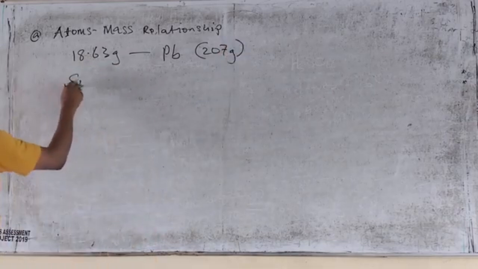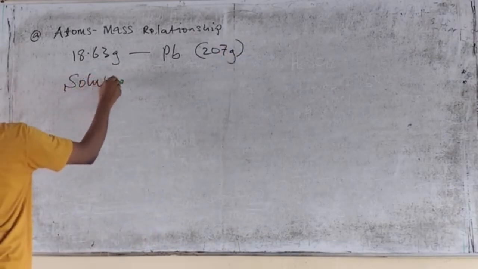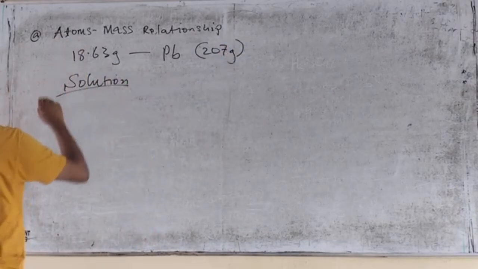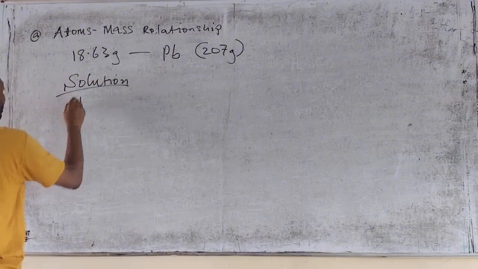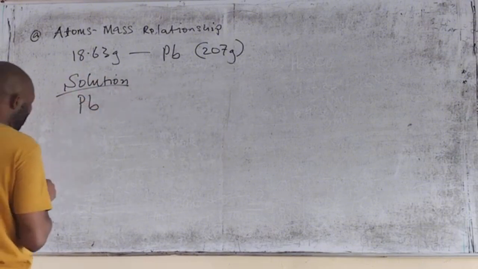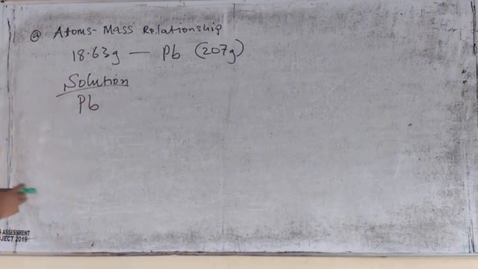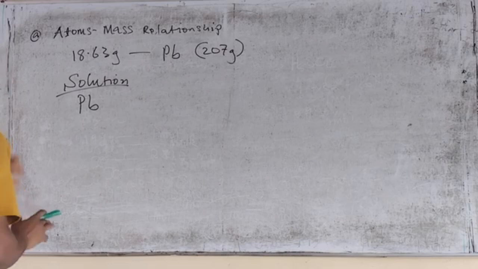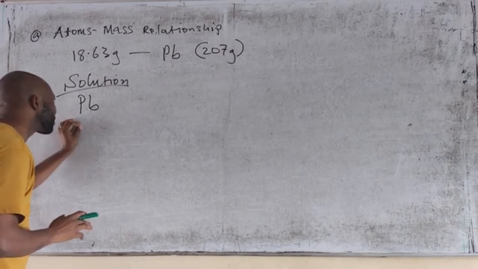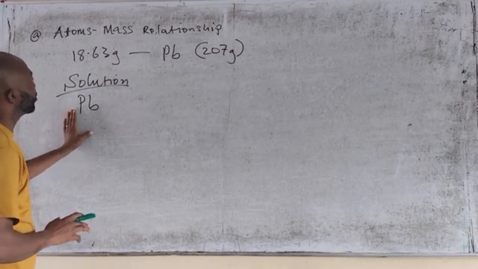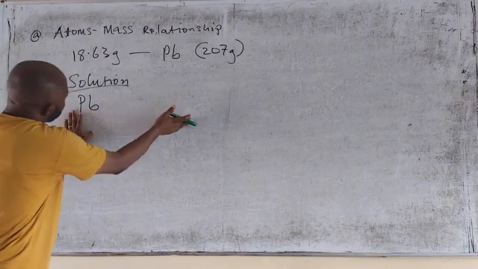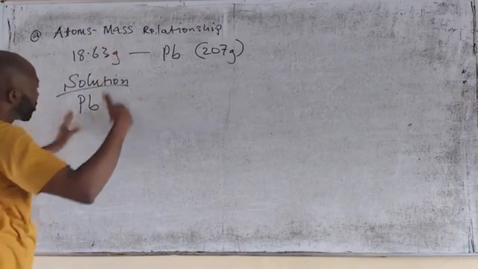Solution. So we have lead, Pb. Now we say atoms-mass relationship. So how many atoms of lead will give us how many grams of mass before we can establish?